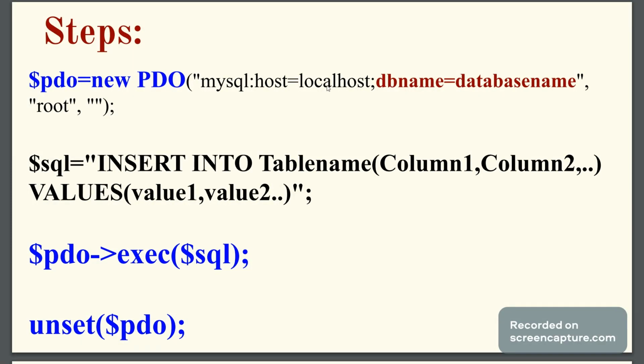After localhost, we have to give the dbname attribute equal to the name of our database, continuing with the username and password for MySQL. Only one parameter is added, dbname equal to database name.